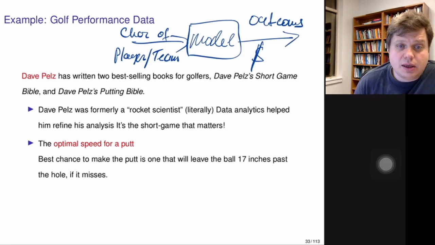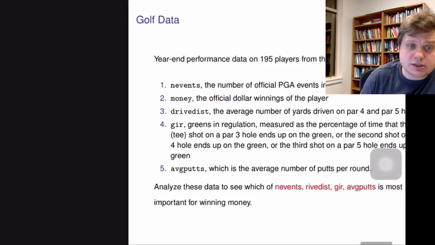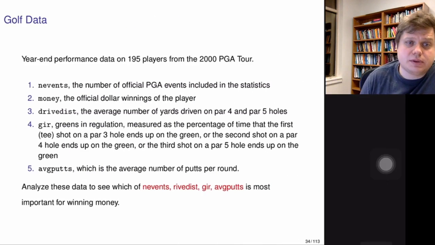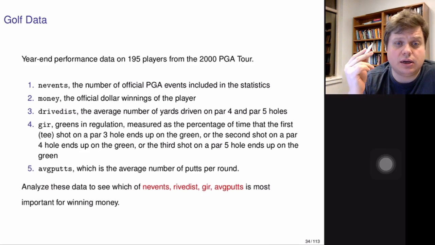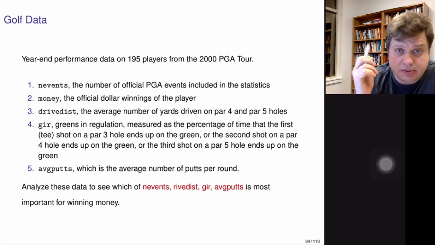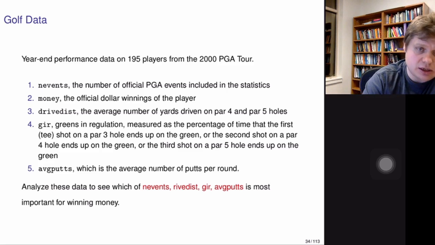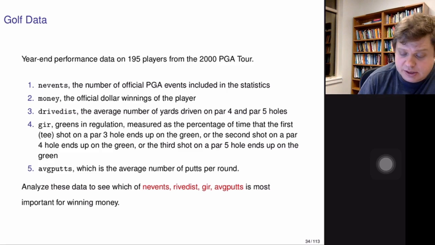Okay, let's look at the data. We have data from the PGA Tour in 2000. 195 players participated in the tour, and for each of the players we have a record.